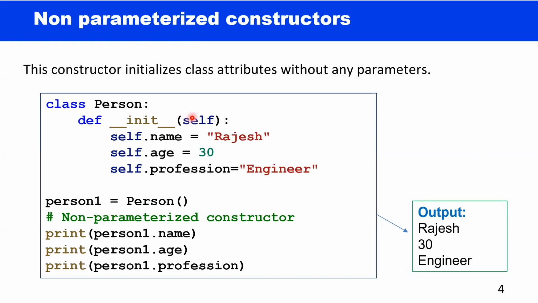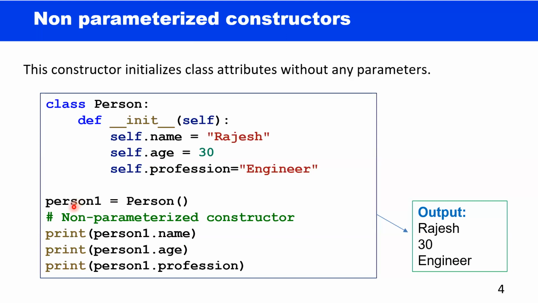That means this is a non-parameterized constructor which is not taking any parameters for initialization. And whatever values you want to initialize, those values can be initialized within the init constructor. For example, self.name equal to Rajesh, self.age is 30, self.profession equal to engineer.